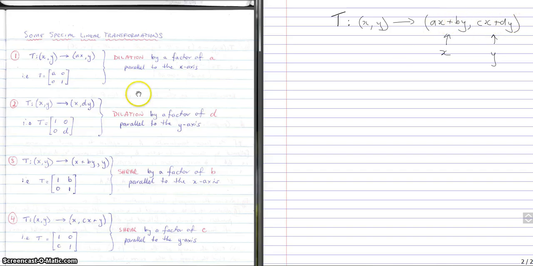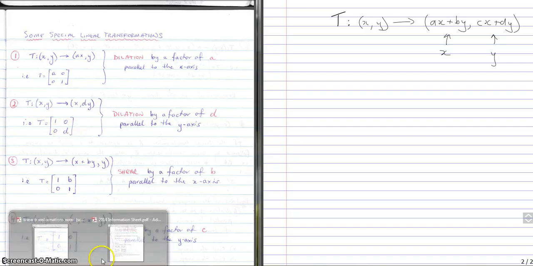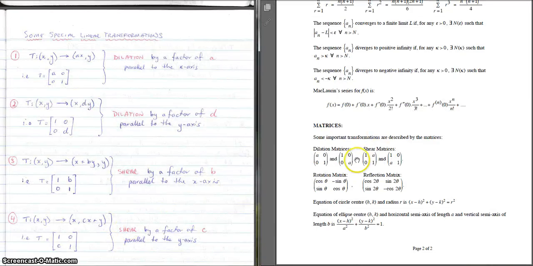And so just to relate that, this d times y is what's actually happening here, and that's why I've got the d there. But on the information sheet, it is simply written as a. We've just got that in all of them.